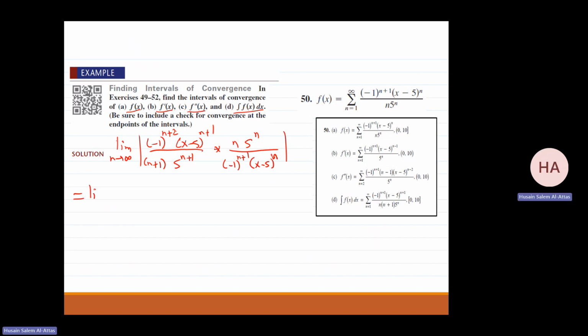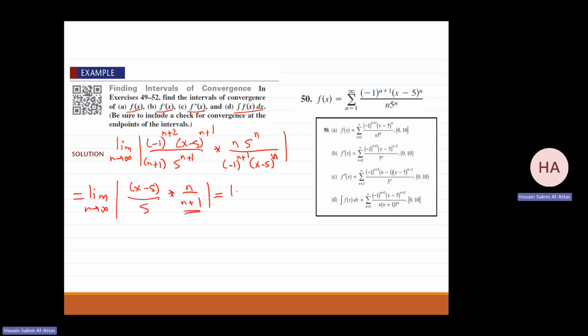Okay, that will be the limit as n goes to infinity of what? The minus sign is gone. That will be x minus 5 to the power 1, over 5, times n over n plus 1. This limit is 1.